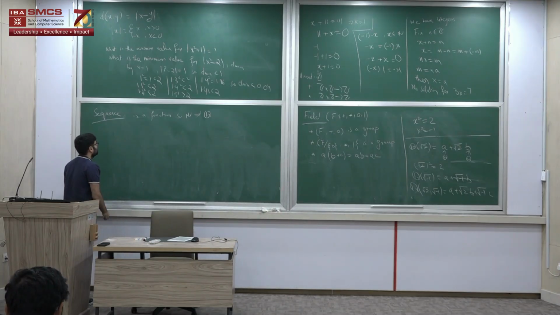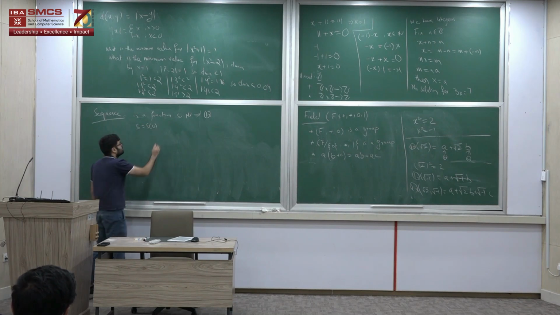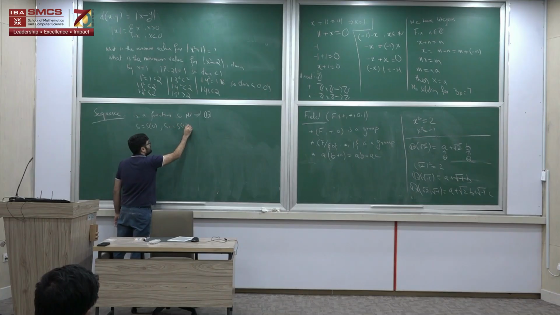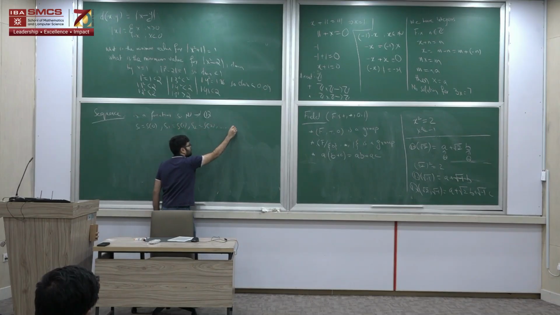represent such a function by, okay, first I will tell you what the value of this function at 0 is, what the value of this function at 1 is, what the value of this function at 2 is, and so on.